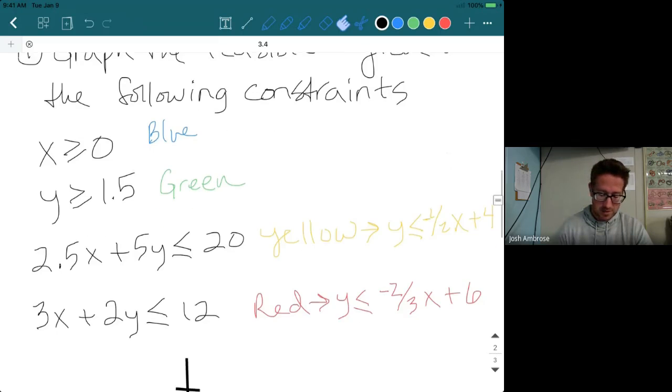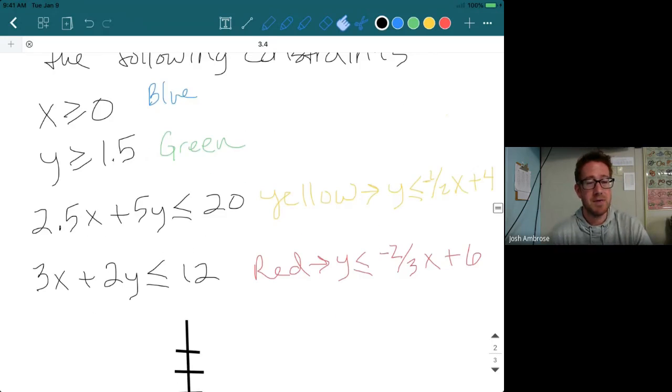You'll notice these bottom 2 equations. The black part is the original equation, 2.5x plus 5y less than or equal to 20. The graph will be in yellow, but I've already rewritten the equation in mx plus b format, so it converts to y is less than or equal to negative 1/2 x plus 4.